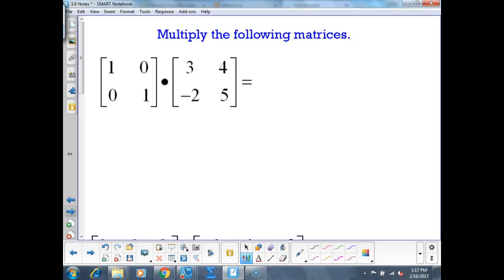So, by hand, what I would like you to do is multiply those two matrices to verify that what I'm saying is true.